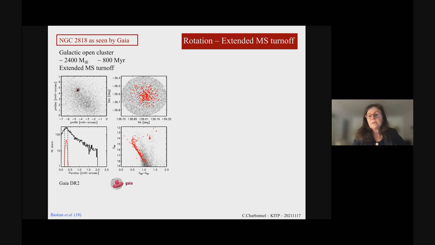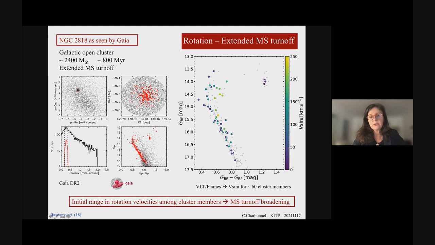I will skip this one. But in fact, we have some clues that rotation has the strongest impact. Such clues come from different open clusters, so for quite a massive open cluster like this one, which has been observed by Gaia. And here you can see the broadening of the main sequence. It's a pretty young cluster.